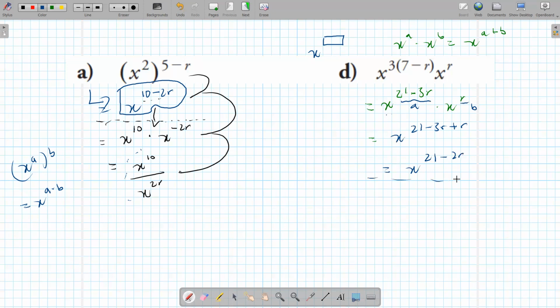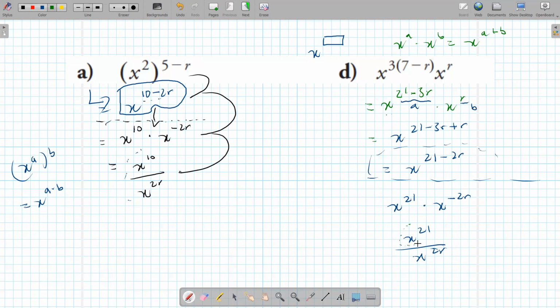If you want to deconstruct this, you have to split them apart. It's going to become x to the 21 times x to the negative 2r, and you can toss this in the denominator. Sometimes it doesn't apply to this, but it's better to deconstruct it as well. I'll show you what's the point of deconstructing this.